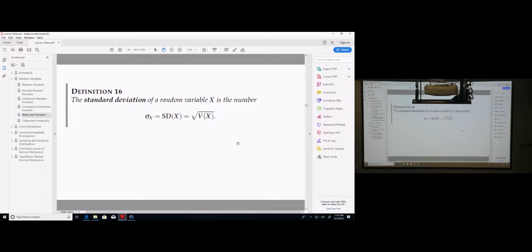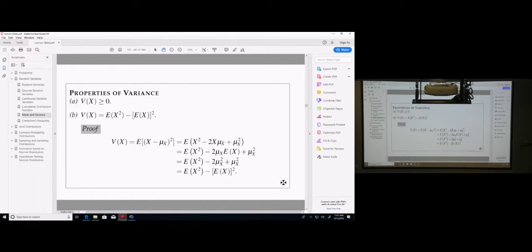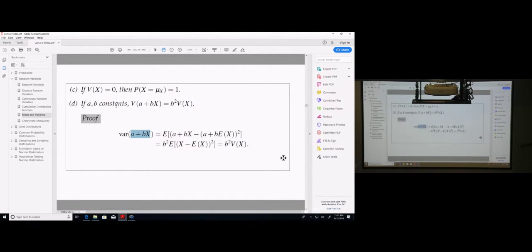Now the standard deviation and the variance only differ by a square root operation, so we can apply the same argument. The standard deviation is always non-negative, part A. And then part C, if the standard deviation is 0, again, the random variable will be degenerate, and it has only one number. It won't take more than one number.